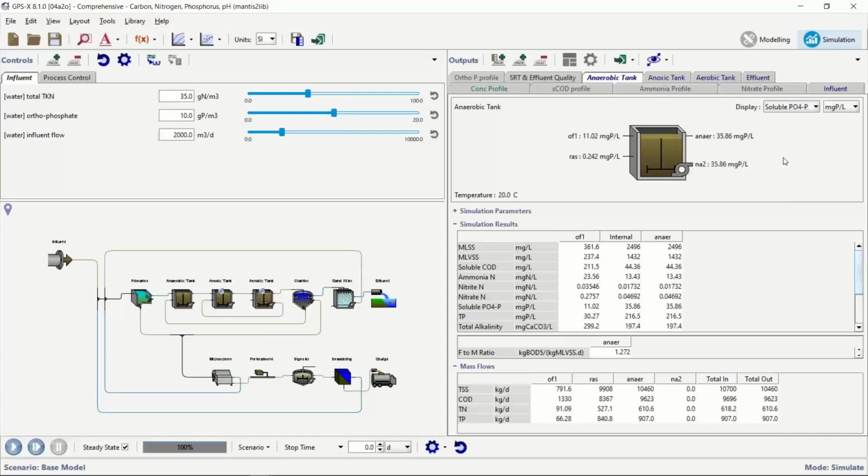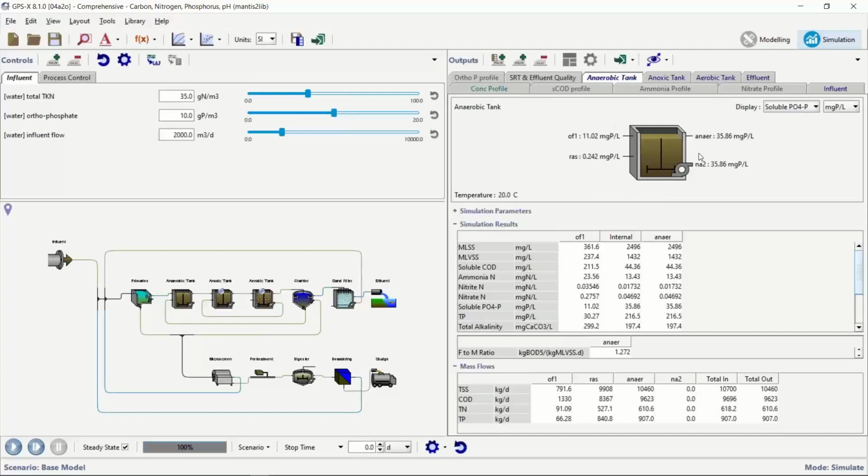One thing I want to display is the soluble phosphorus. That shows us for each one of these connection points what the phosphorus is going in and out of this unit. Here we can see soluble phosphorus is coming in at 11. The amount coming back through the RAS, of course, this is after the BioP, is being recycled back, so of course it's low. It's 0.2. But you can see leaving, it's 35.